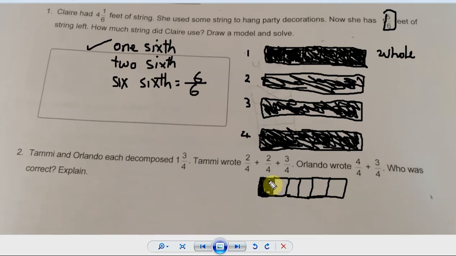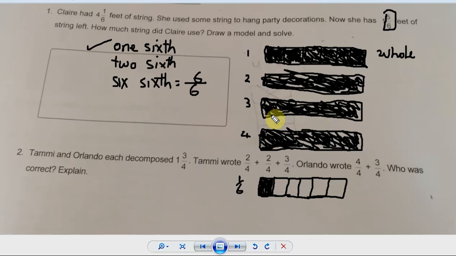Alright. So this is 1/6. So this represents 4 wholes and 1/6 of the whole. So that's what she started off with.